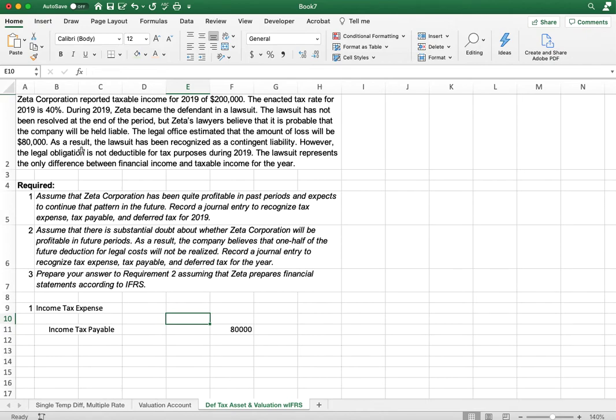And in this situation, they're saying we estimate that we're going to have a loss of $80,000, which would obviously reduce our income. And so that's a deferred tax asset.